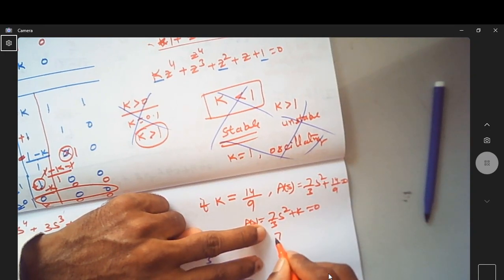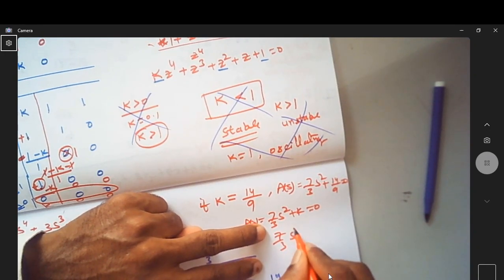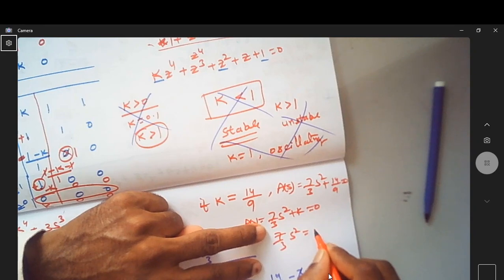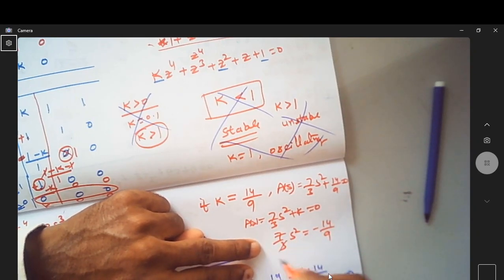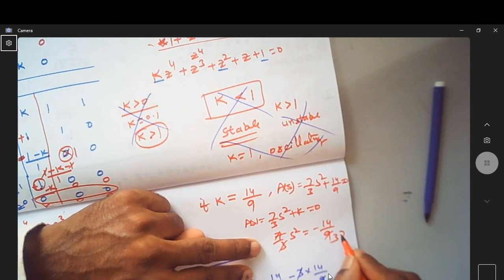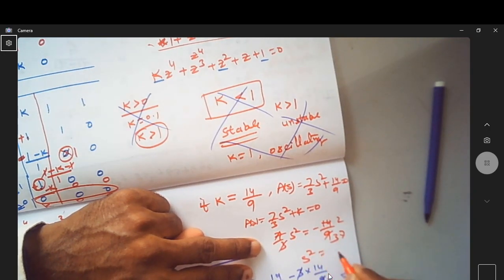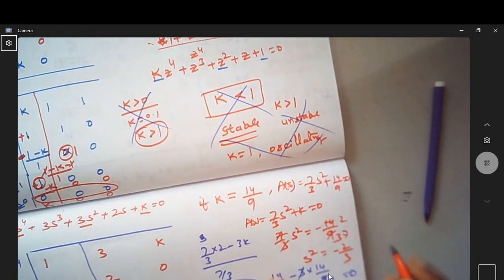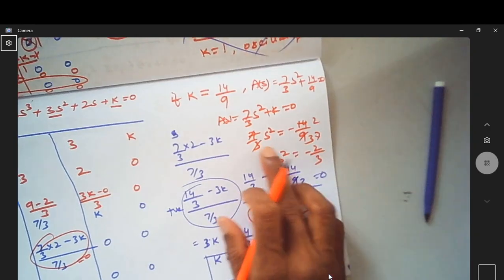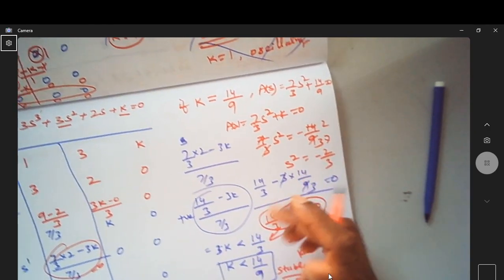Is it not 7 by 3 s square is equal to minus 14 by 9? So this 7 will come here, and when you make this 7, this will become 2. Is s square equal to minus 2 by 3, correct?